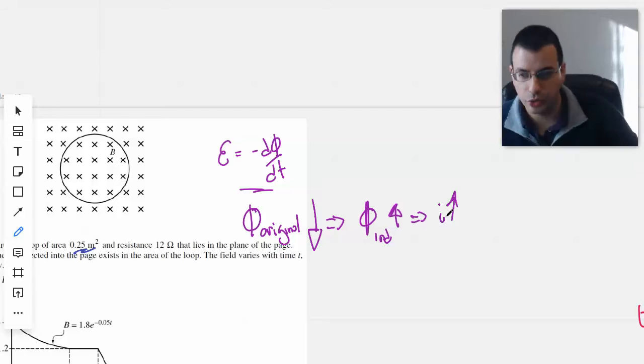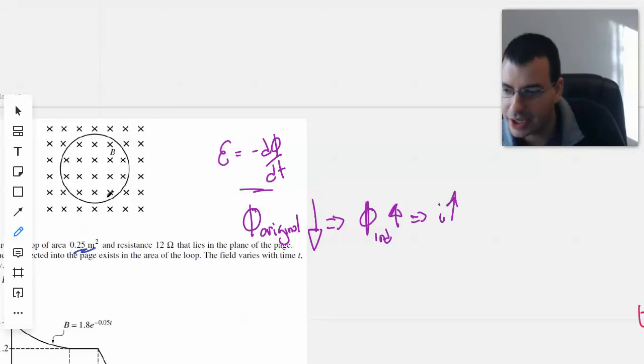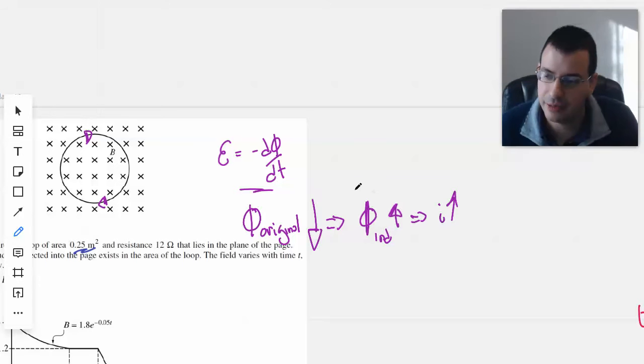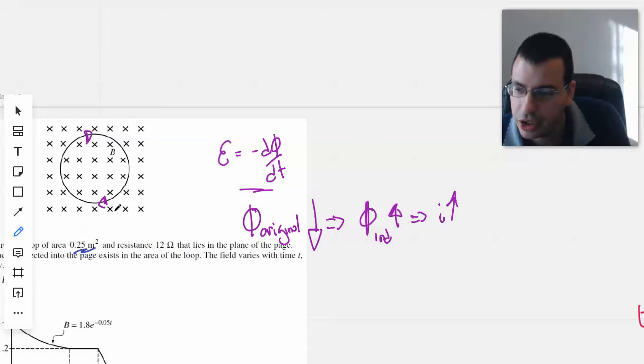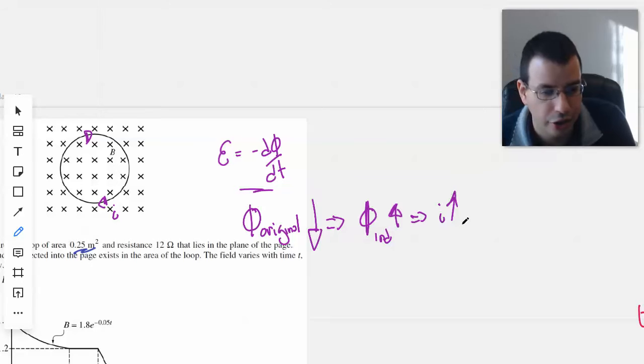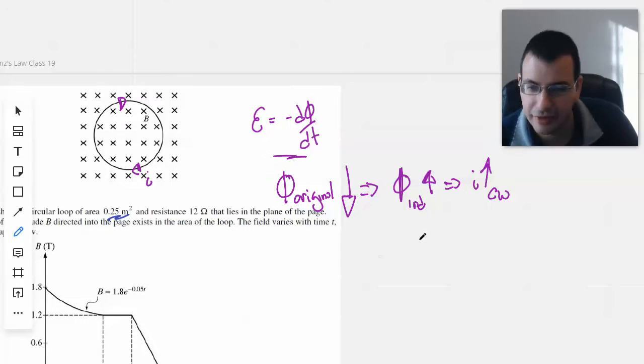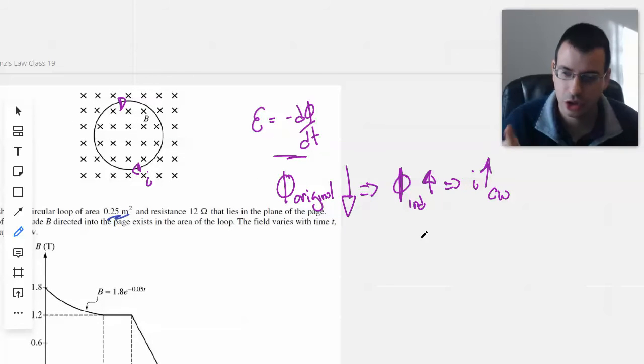So you do a right-hand rule. To create a magnetic field, put your fingers along the loop and your thumb points in the direction of the magnetic field. So you'll have a current that's going clockwise. It will rise in the clockwise direction. So we have a clockwise current.